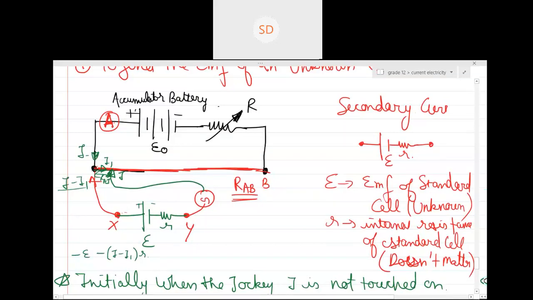And when I go back from here, I'm moving in the opposite direction of current, plus I1 times RAJ, equals to zero. Yes or no, guys? Can we make this equation?